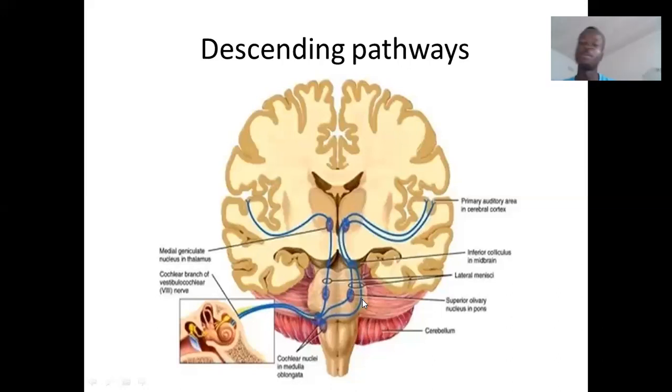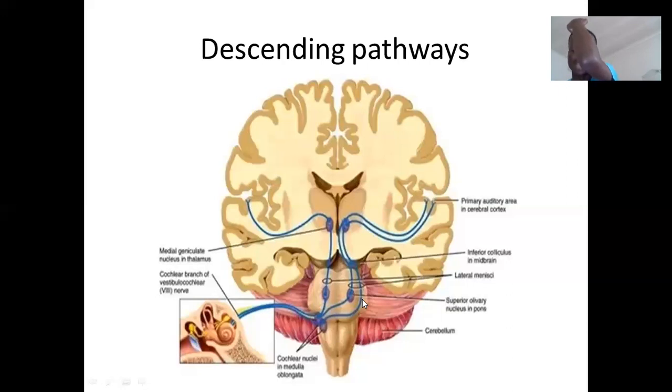So if these people have conductive deafness, right? You have what is known as perceptive deafness or sensorineural deafness, and conductive deafness. So this test will help differentiate, or give a differential diagnosis of, conductive deafness and sensorineural deafness. So if you place the tuning fork at the vertex of the skull, that is somewhere here, right?